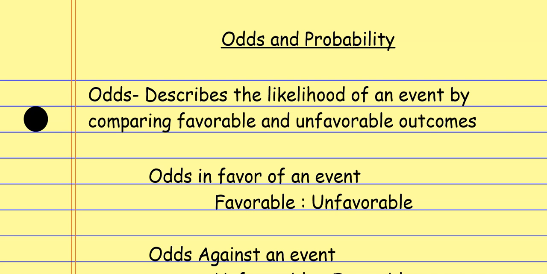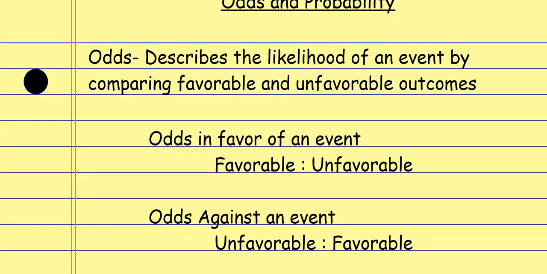And again, that's a very slight difference from probability. Probability was favorable versus the total. Odds is favorable versus unfavorable. So odds in favor of an event, we list the favorable first, and then we list the unfavorable. And we list it in kind of this ratio type of format.